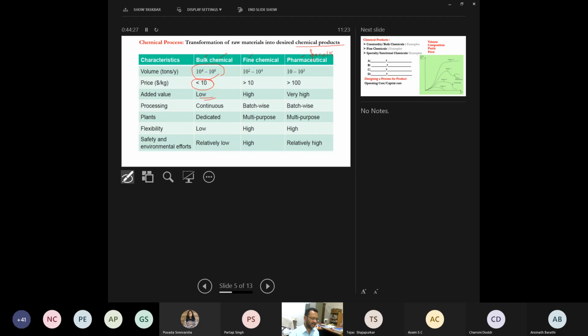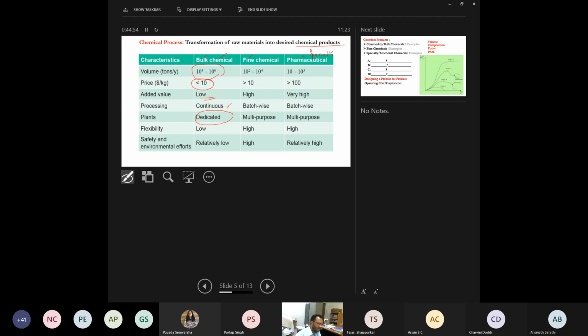The quality or additional value of the product will be very low. Mostly these bulk chemicals are produced in continuous process plants. The plants are mainly dedicated plants, so we cannot use these plants for some other purpose. That's not the case in fine chemicals and pharmaceutical chemicals.